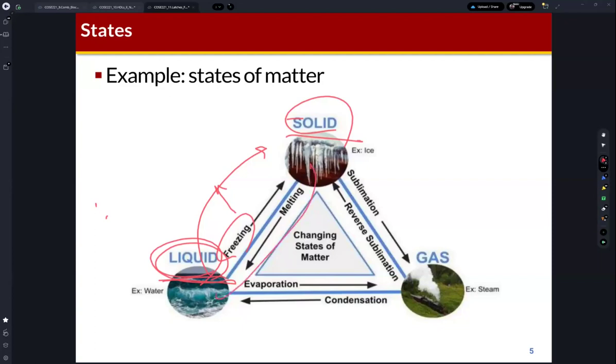Then this is the reverse reaction. If the heat energy is given to the solid, then it goes to the liquid state. So we can know the output of this system, so it is also a system. The output of this system is determined by input and current state.